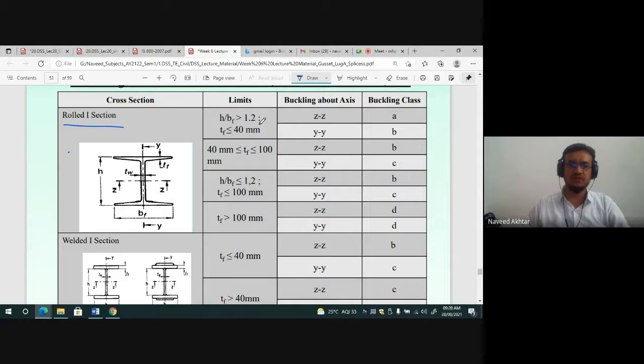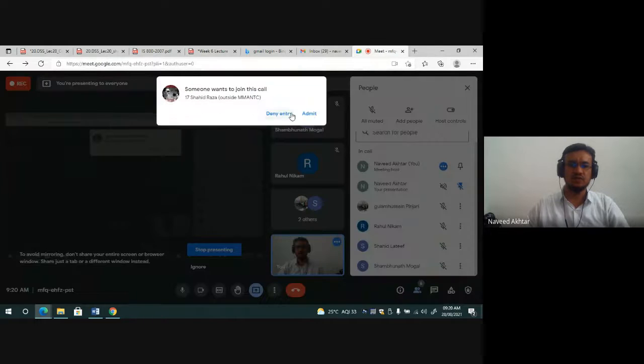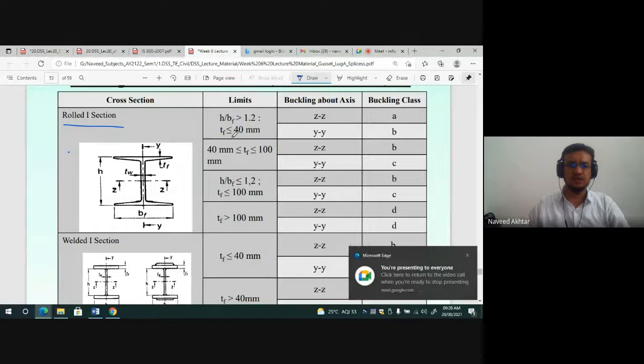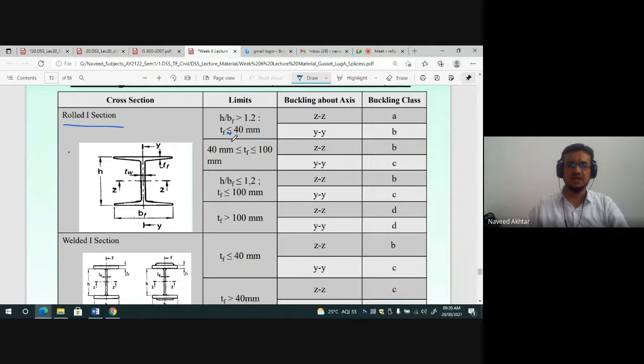If it is greater than 1.2 and tf is less than 40 mm, this is less than 40 mm, not equal to. Just a correction. The BIS list of corrections I also shared on your WhatsApp group, so you can make the correction. And the buckling class about the zz axis is A class, yy axis is B class.